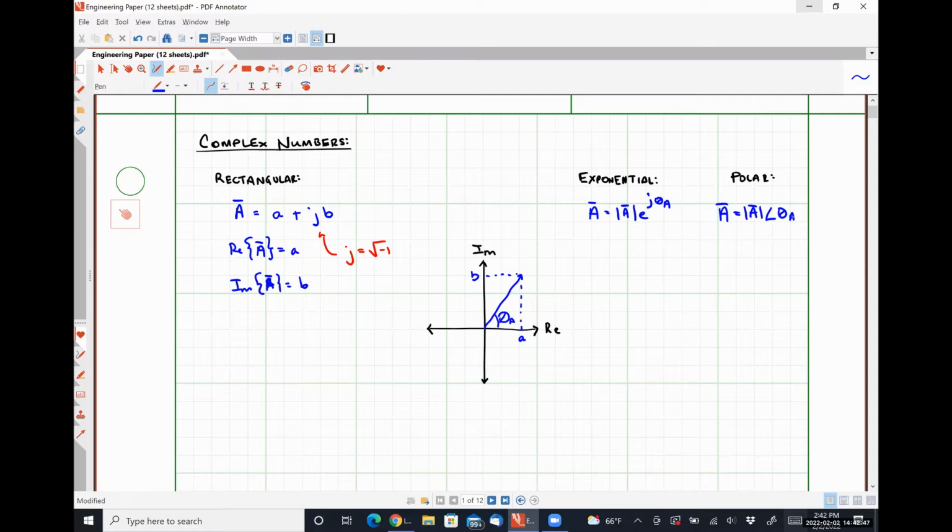It's literally the exact same thing. We just throw away that e to the j bit because it's common. We don't need to continue writing it over and over again.